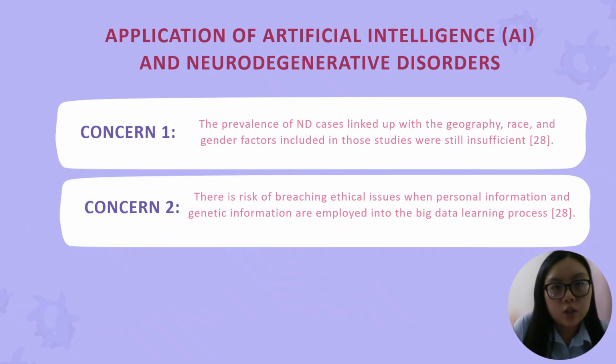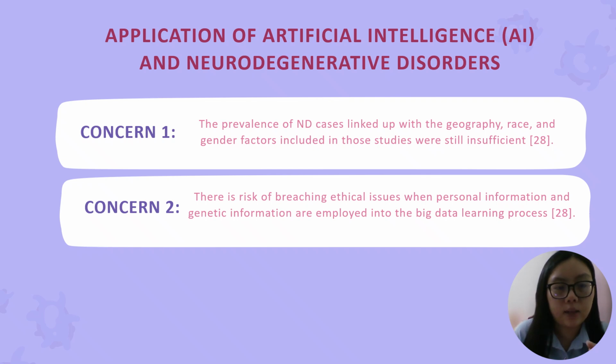However, there is so much space to be attained before confirming the applications of AI in diagnosis of neurodegenerative disorder. The prevalence of neurodegenerative cases linked with the geography, race, and the gender factors included in those studies were still considered as insufficient.